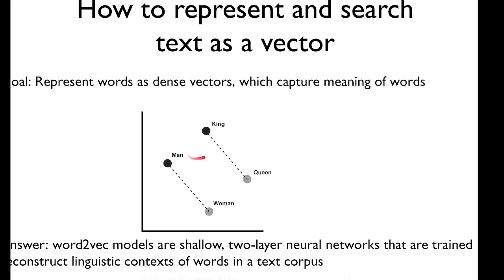And the idea was that with these vectors for words, we want to be able to do reasoning in space. So we want to be able to say that the distance from man to woman is the same as the distance from king to queen, or the distance from man to king is the same as from woman to queen.